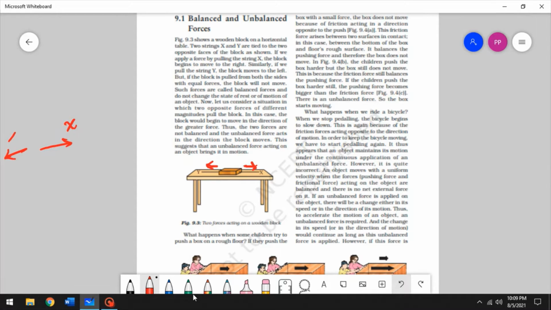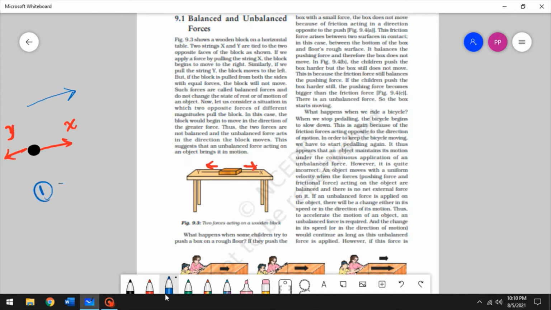However, if you have x force to the right and y force on the left, and it is given that x is greater than y, then the object undergoes an overall movement to the right. Let me color code here.